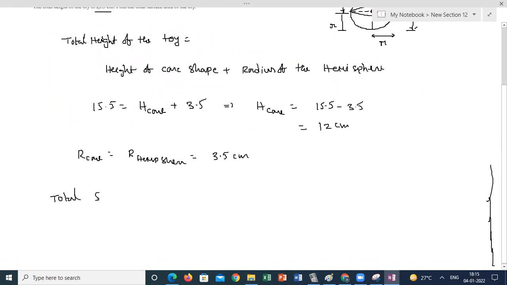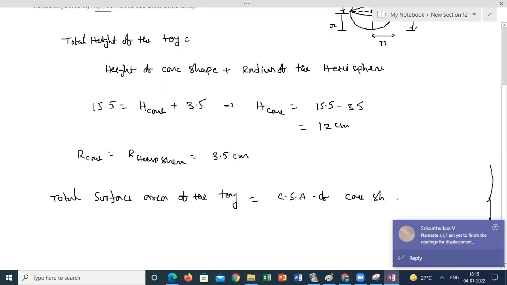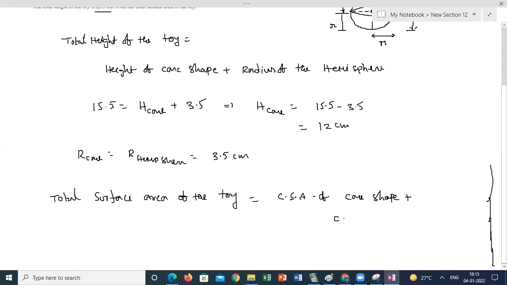Total surface area of the toy is equal to the curved surface area of the cone shape plus the curved surface area of the hemisphere.